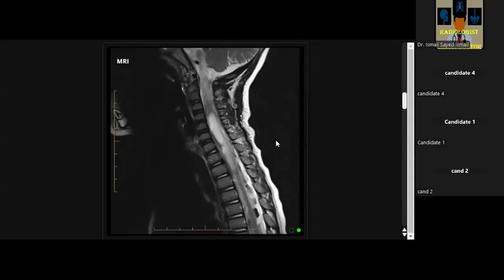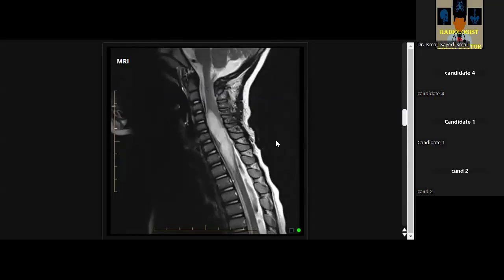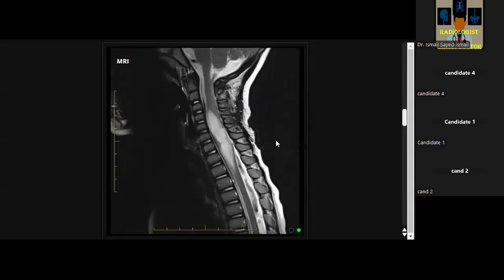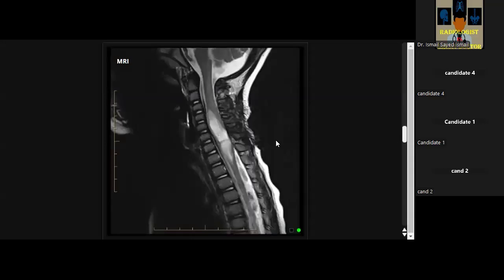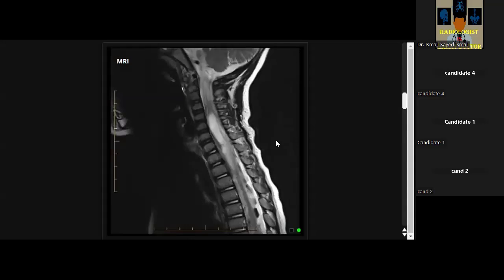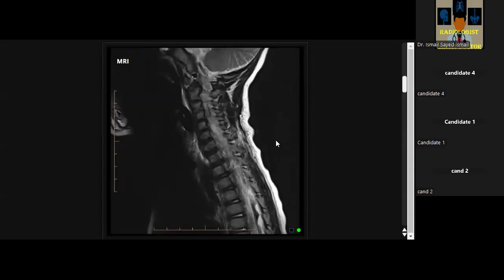So the abnormality is T1 hypointense and T2 hyperintense, causing significant cord expansion, and I can also see some hypointense areas which are present in the intradural but extramedullary region. I would like to see the post-contrast images, and then I will go towards my final diagnosis.